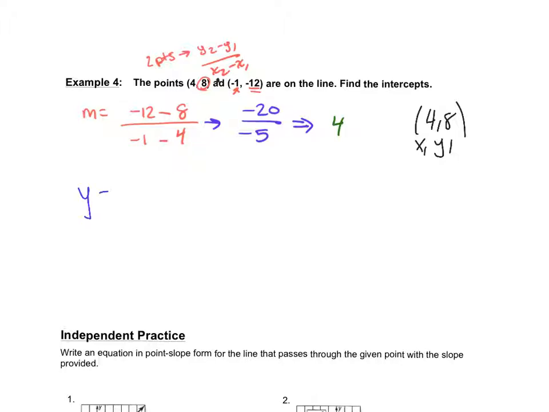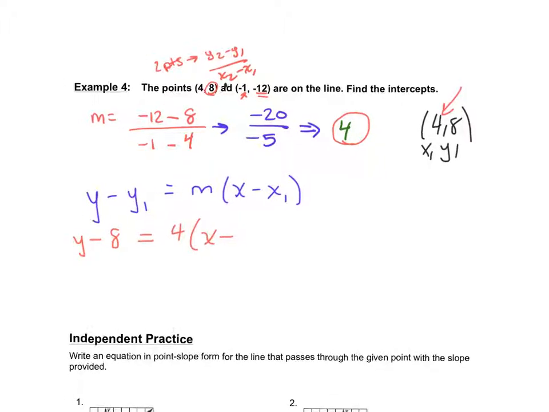The point slope formula is y minus y1 is equal to m times x minus x1. We have y1 is 8, so y minus 8 is equal to m of 4 times x minus x1, which is 4.